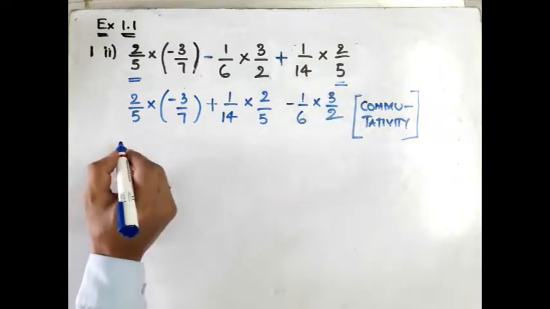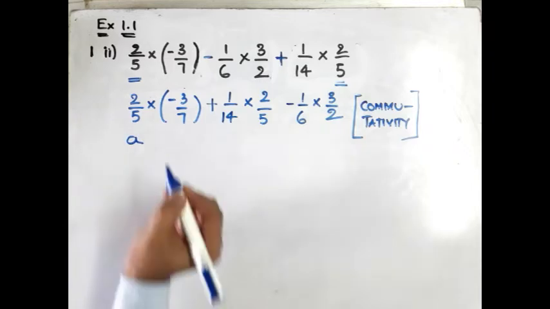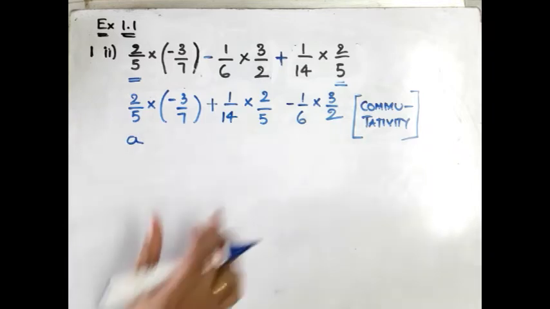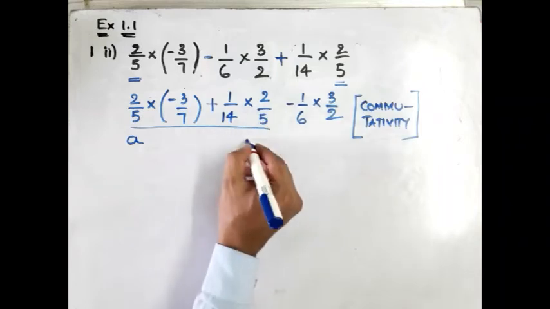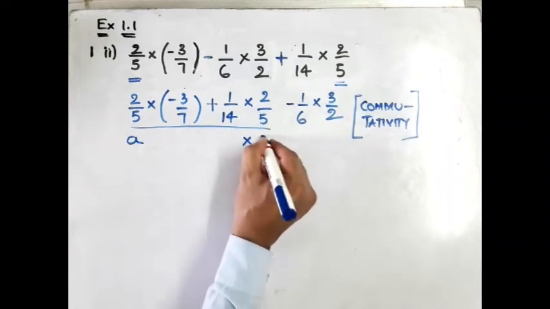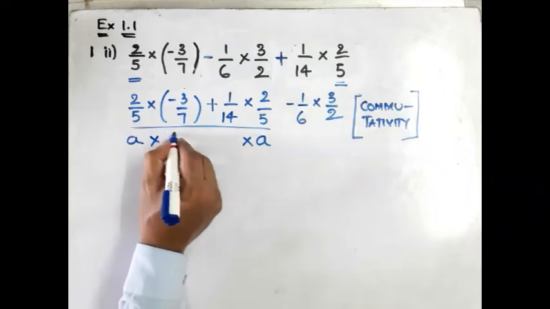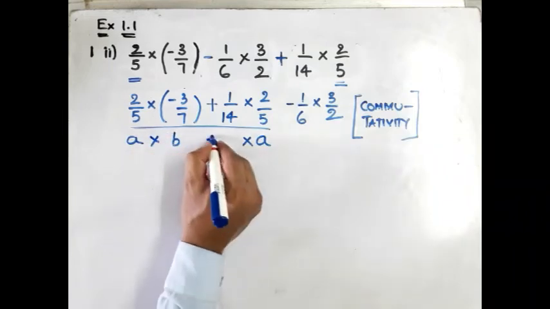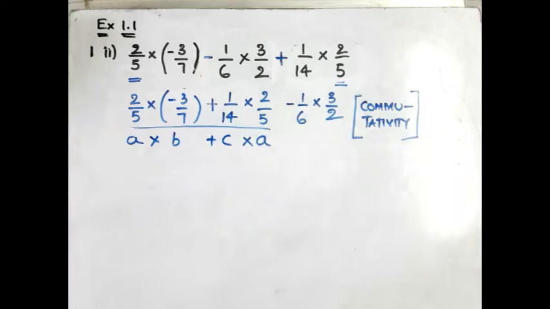For instance, let us take this 2 by 5 as a rational number a. In this entire term, we can see this a one more time, into a. Now, being a different term, I will take it as b, and plus 1 by 14 is also a different rational number, so I am taking it as c.